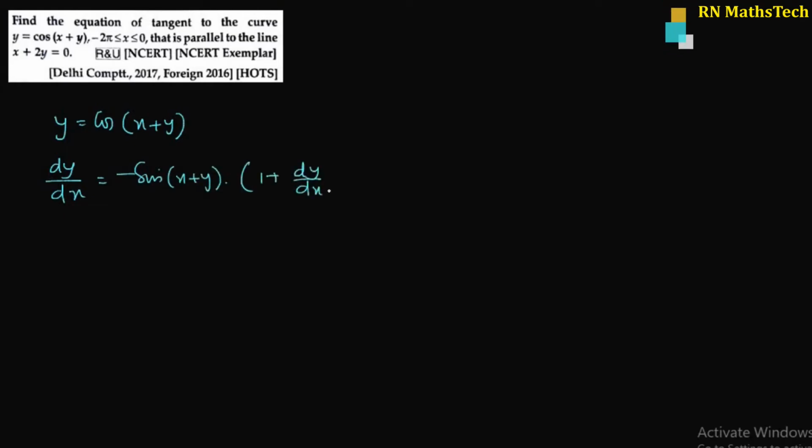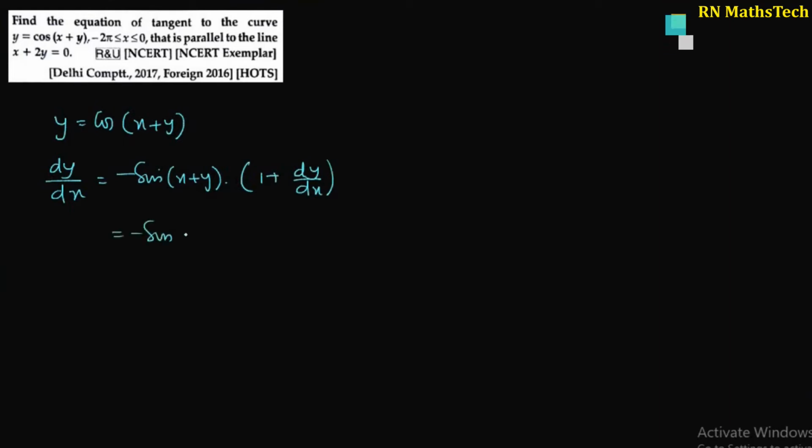Okay, next one. Find the equation of the tangent to the curve y = cos(x + y). dy/dx = −sin(x + y)(1 + dy/dx).